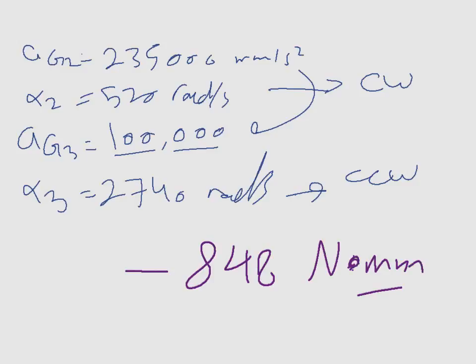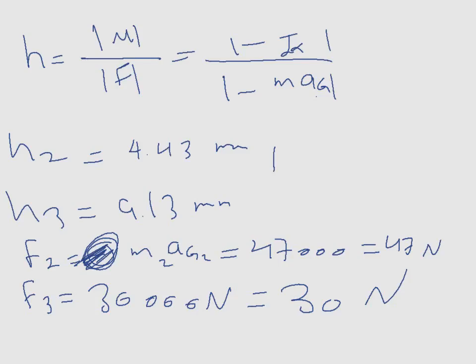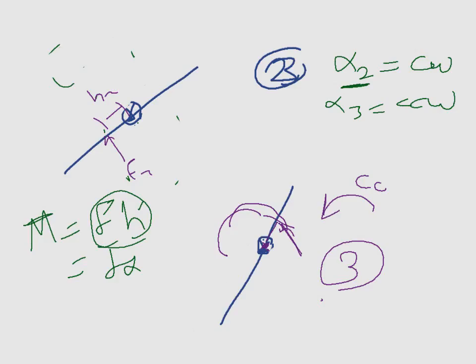Alright, but the book has solved this problem, and he found minus 581. The minus means it is clockwise. If you remove that minus, you say 848 clockwise. If you put the minus, no need to write clockwise. I will put the solution from the book.